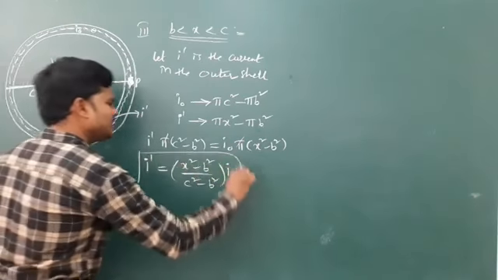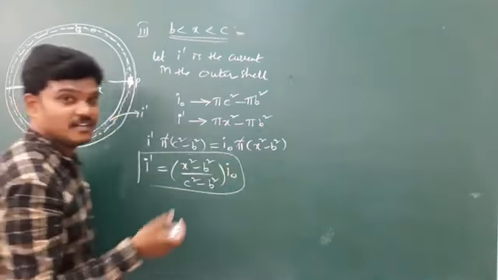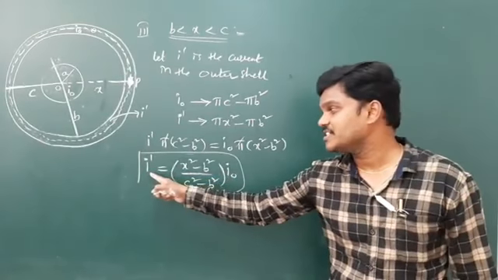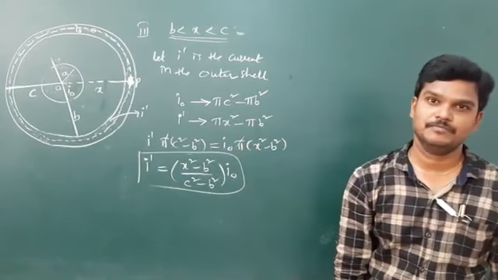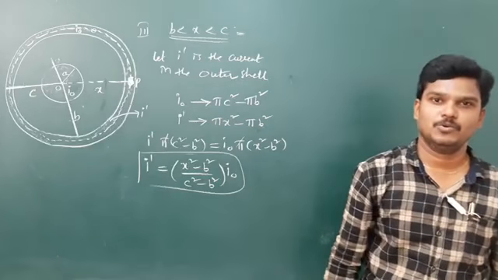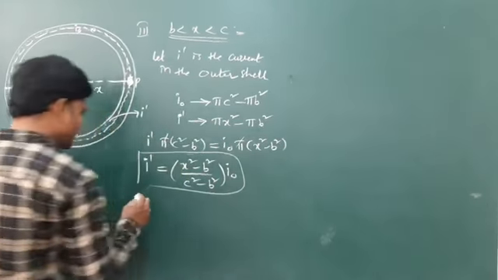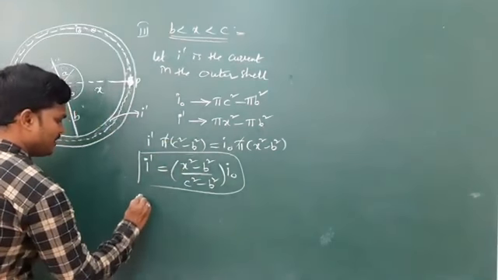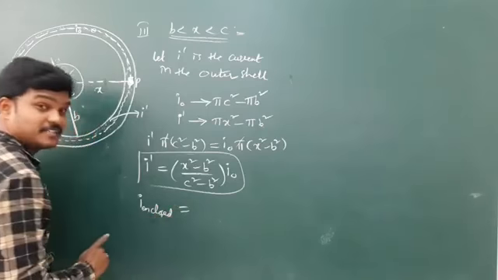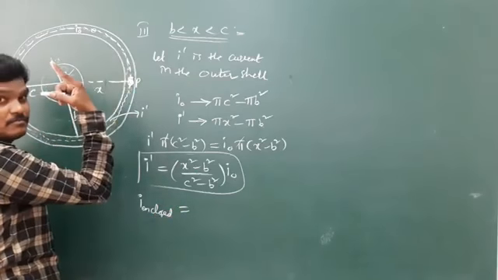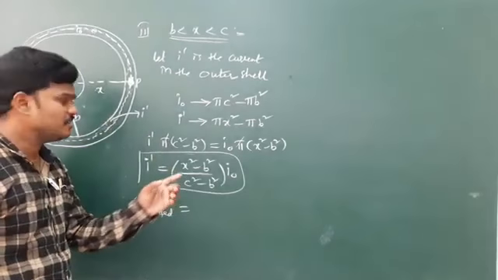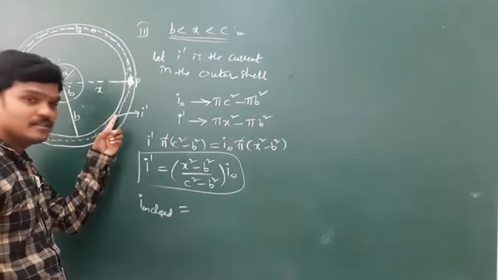But see, this is the current in the outer shell within the Amperian loop. This is not the net current inside the Amperian loop. The current enclosed in an Amperian loop: one is in, the other one is out. These are not the same currents. If they are in the same direction, you can add I naught and this current.